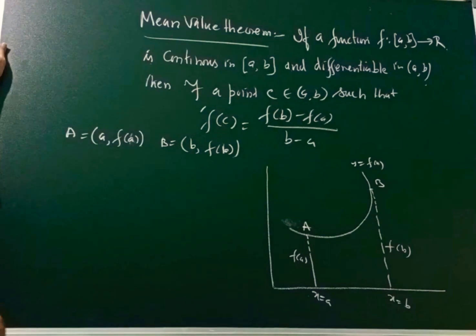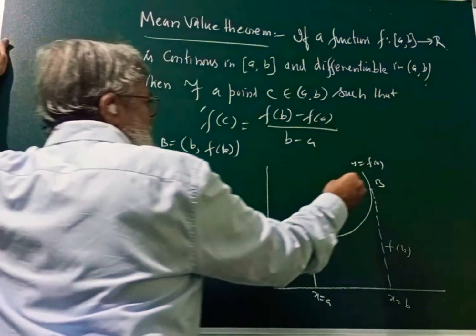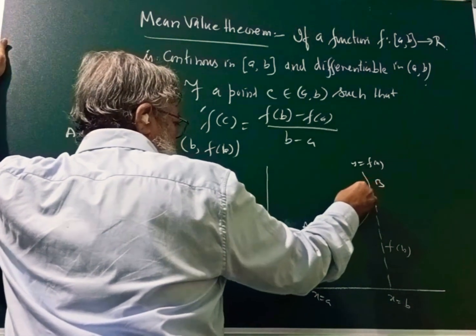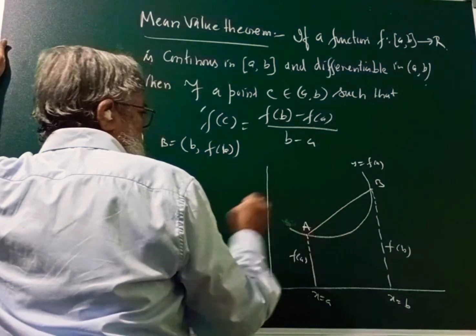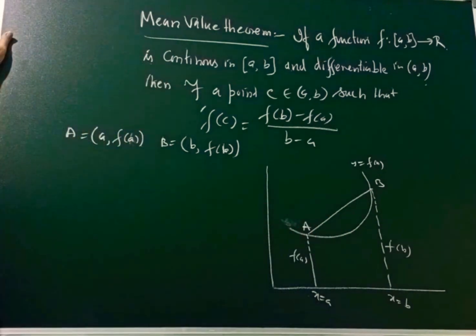Now let us join AB. So AB is called a secant. A line which cuts a curve at 2 points is called a secant. When a line meets a curve at only one point, it is called a tangent.